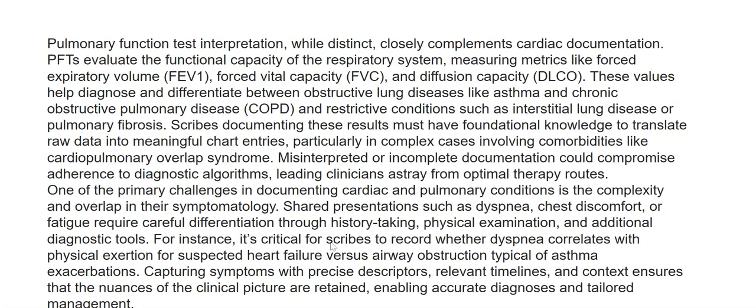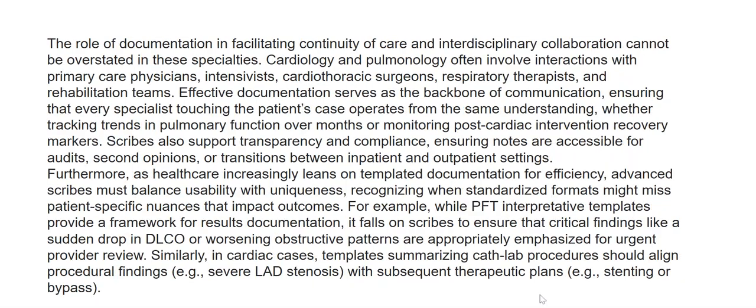For instance, it's critical for scribes to record whether dyspnea correlates with physical exertion for suspected heart failure versus airway obstruction, typical of asthma exacerbations. Capturing symptoms with precise descriptors, relevant timelines, and context ensures that the nuances of the clinical picture are retained, enabling accurate diagnoses and tailored management.